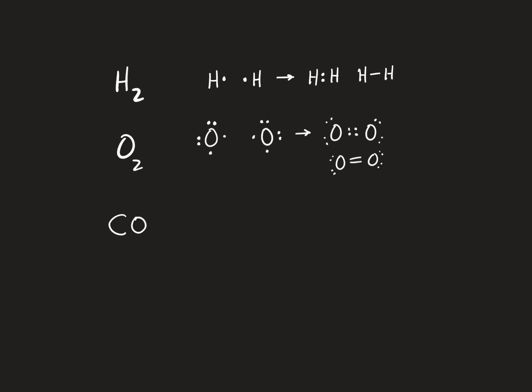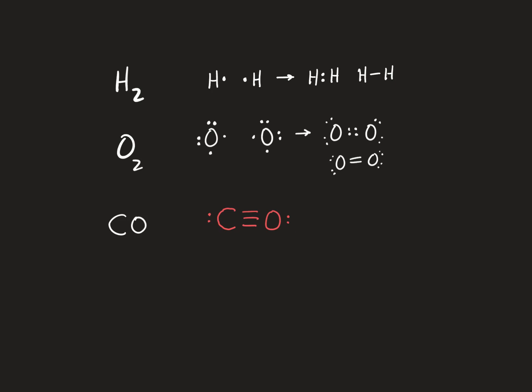Here's another example. Here's carbon monoxide. You've probably heard of carbon monoxide. This is probably not a great example to show you right now because my goal is not to confuse you, but I'm just going to give you the final answer here. Let's not really get into the weeds in this yet, okay? Trust me, don't worry about this. I just wanted to show you another example of a triple bond.